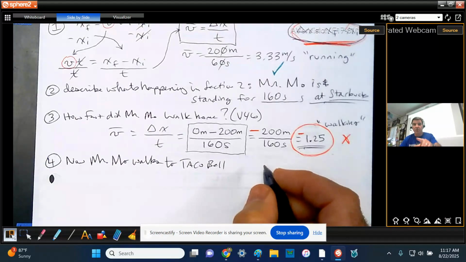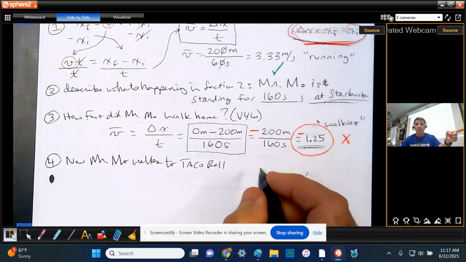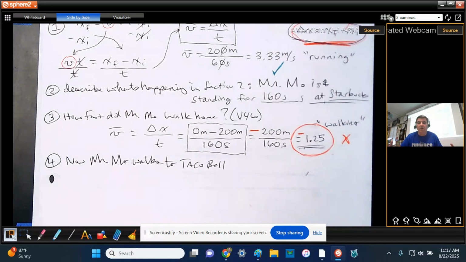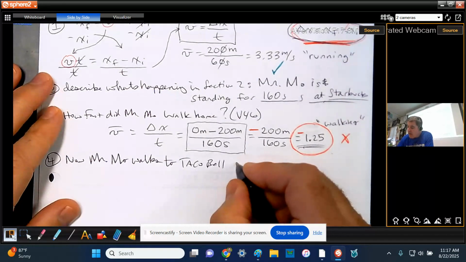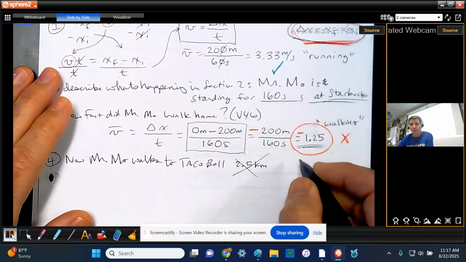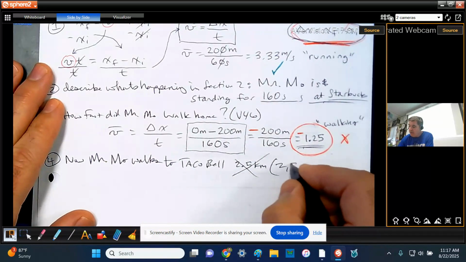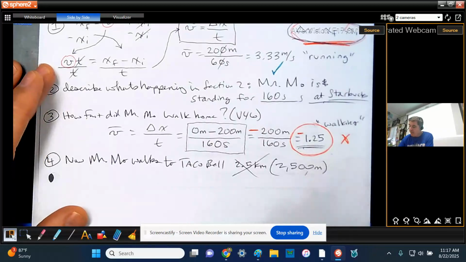It used to be called John and Bonds. If you look at my notes online, it says John and Bonds. But I think John and Bonds is now called Crazy for Yogurt. Anyway, right around that area, Bel Air, right? It's 2.5 kilometers away, but we don't use kilometers, right? We use meters. And so that's 2,500 meters away.